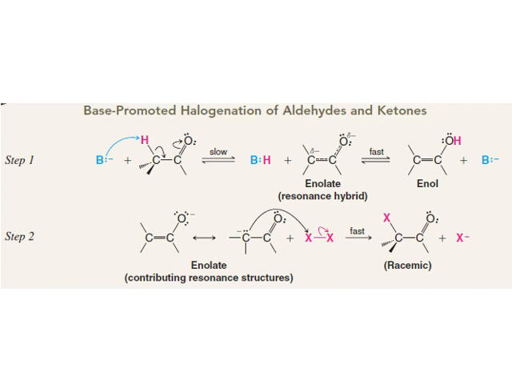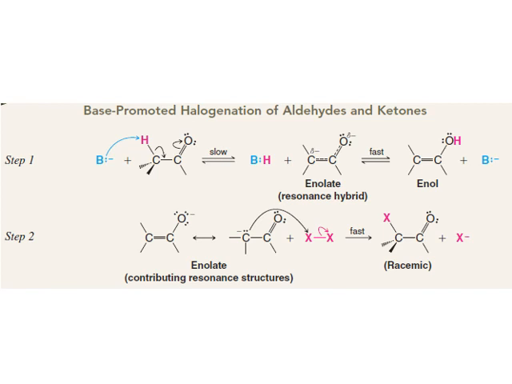The halogen is added on both E and Z isomers.